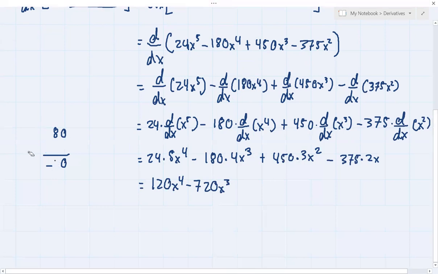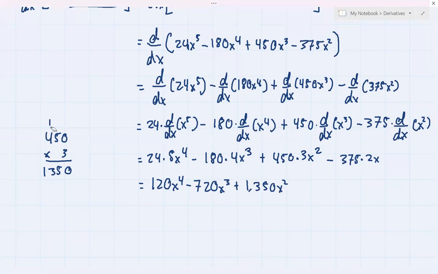Okay. So here, we have 450 times 3x squared. So 450 times 3, 3 times 5, 15, carry 1. 3 times 4, 12, plus 1, 13. So we have 1,350x squared. Alright?